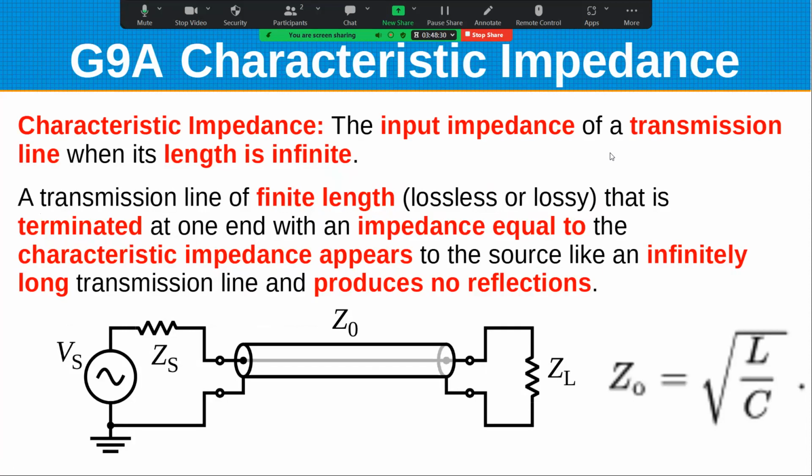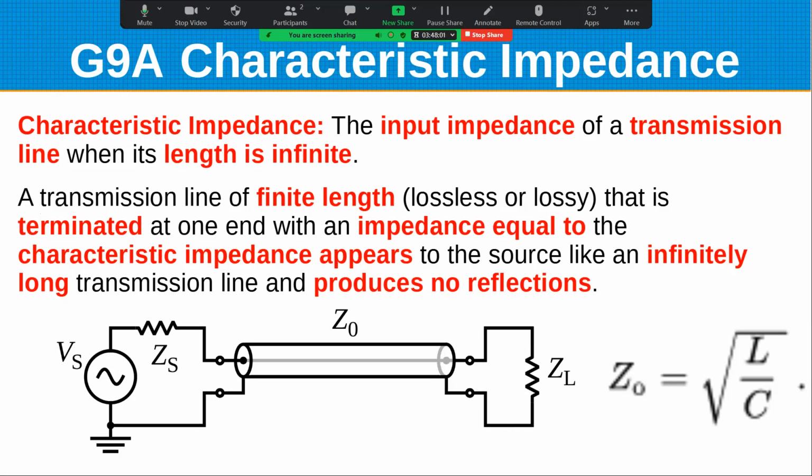So the first thing we talk about is characteristic impedance of feed lines, either twin lead or coaxial cable. And it's defined as the impedance you see on a transmission line of infinite length. And not many people have an infinitely long transmission line.